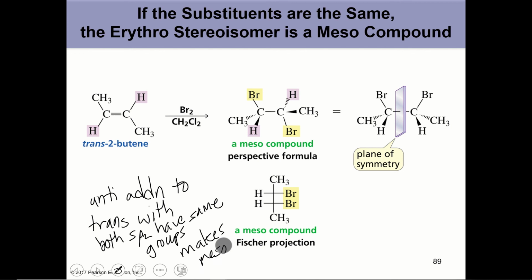Now you can figure that out for yourself. I believe that you would be able to draw the products without memorizing that anti-addition to trans results in meso. But if you wanted to memorize it, it would be one less thing that you had to think about when you were answering questions on an exam.